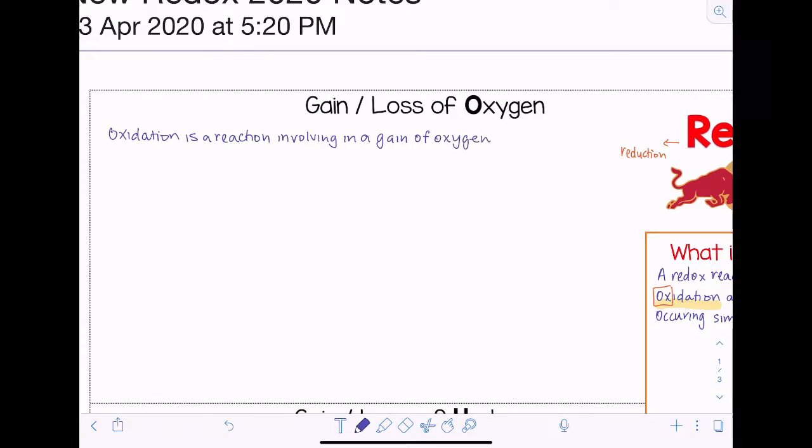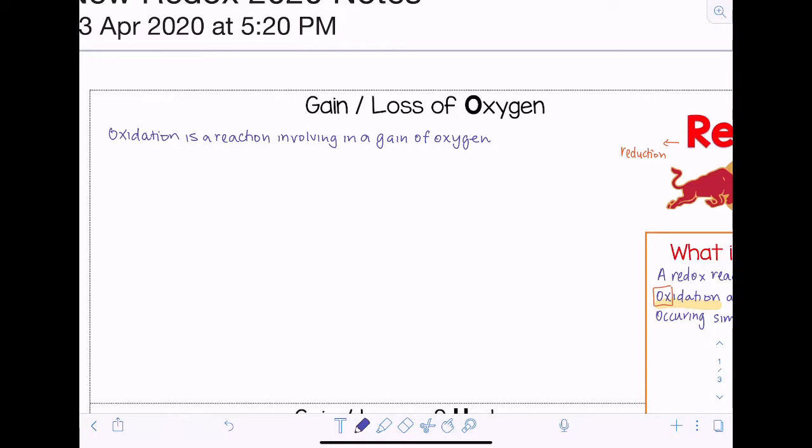Oxidation is actually a reaction involving the gain of oxygen. So that is very much understood as oxidation. So when a substance is oxidized, in this case, it actually undergoes oxidation.